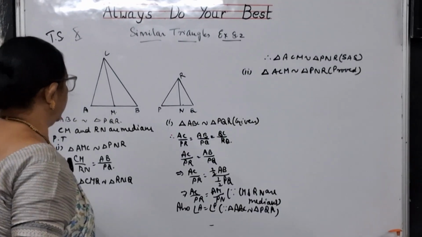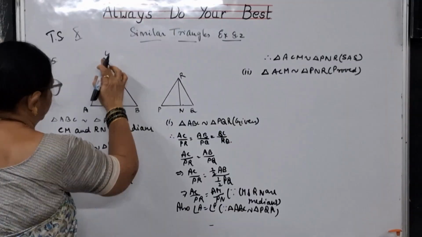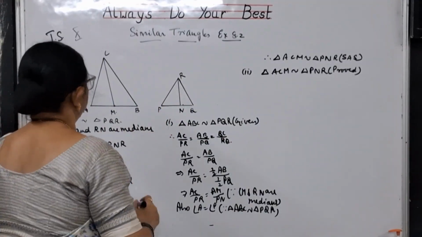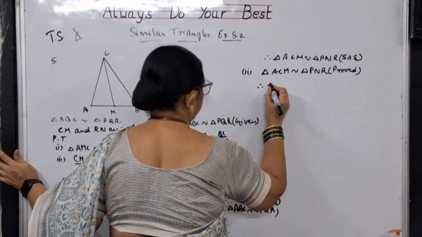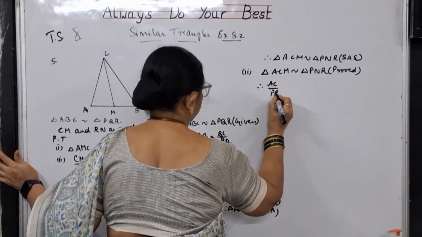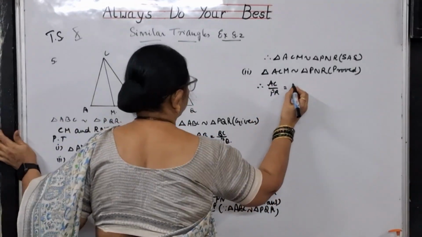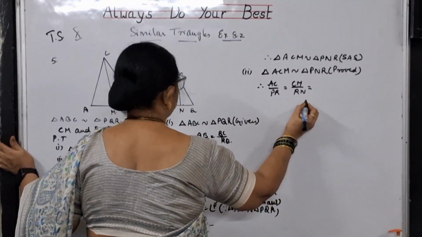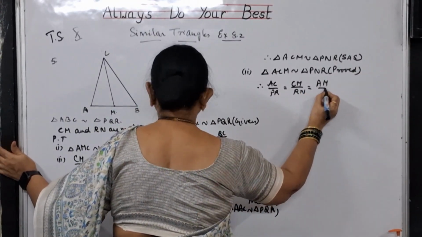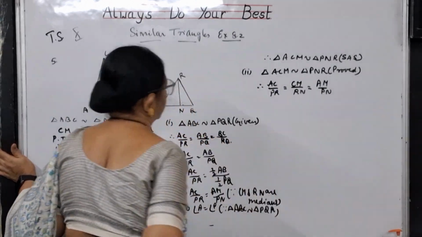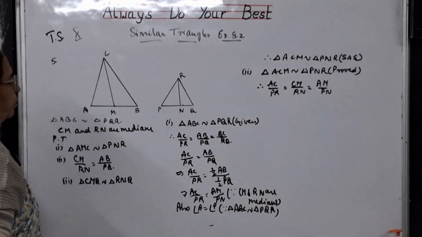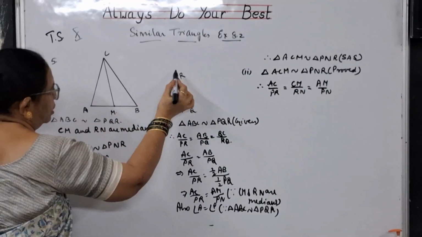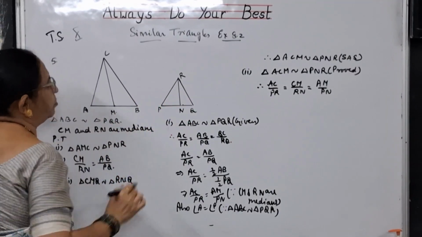So these are the two triangles ACM, PNR. So what you can say, AC by PR is equal to CM by RN is equal to AM by PN. Now, corresponding sides are proportional.